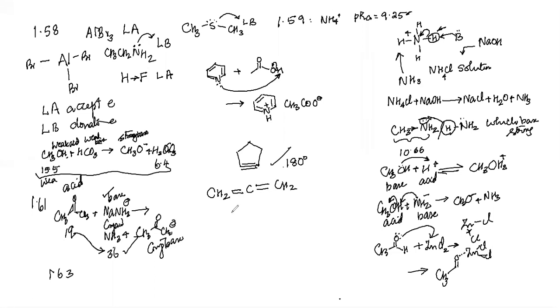Anybody? Now do see here. I'll just wipe out the board and tell you. It's a very good question. See here, CH2. Look at this picture. Now let us come to the first carbon. I have drawn this carbon in this way. I can draw this carbon in this way also.